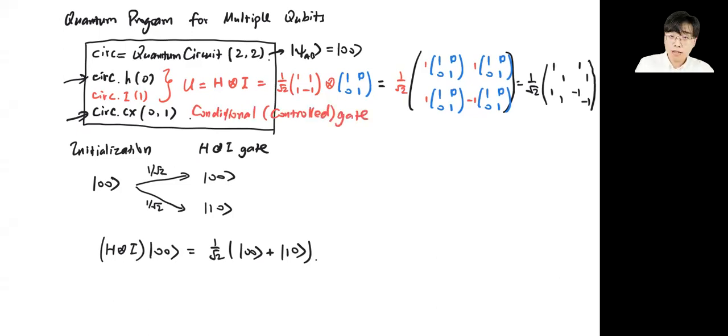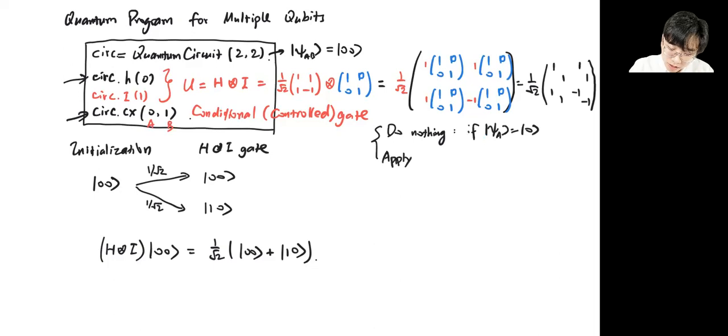So what does this controlled gate do? Suppose you have two qubits, A and B. Then the CX gate will do nothing if psi A is 0, and apply the X gate on B if psi A is 1. So let's take a look at our example here.